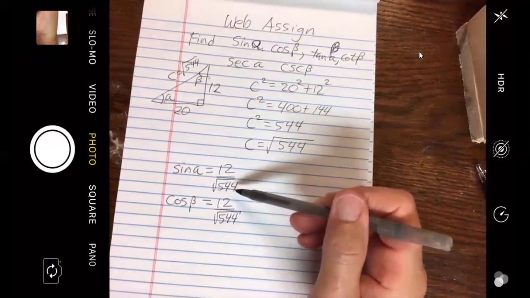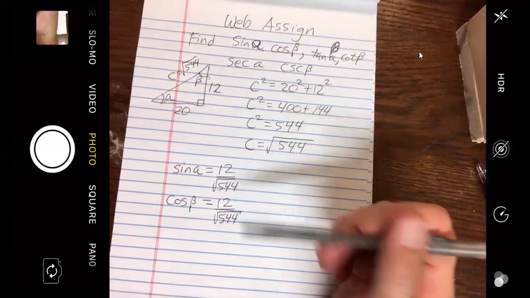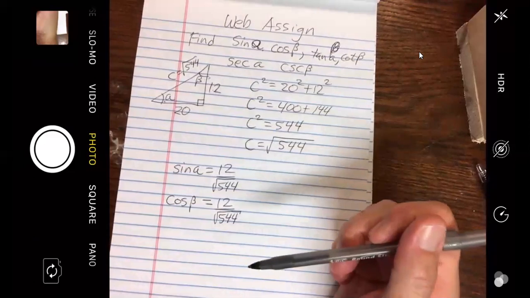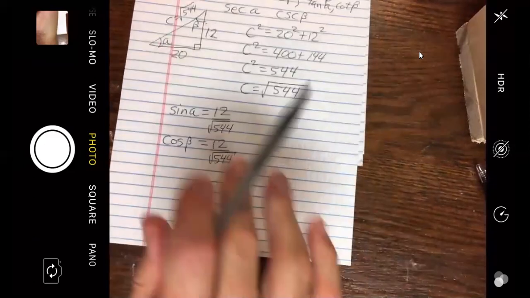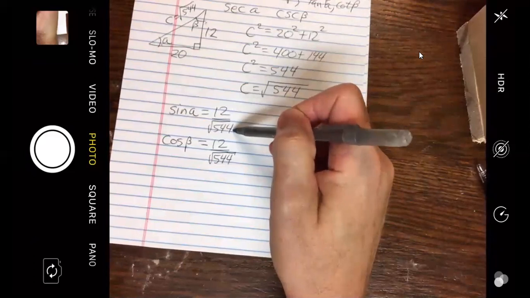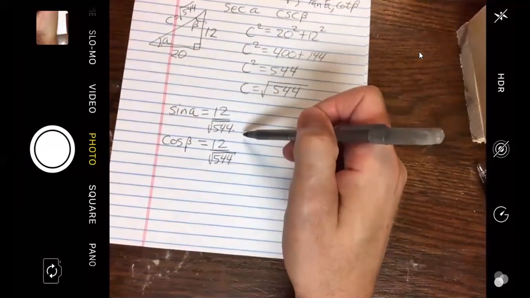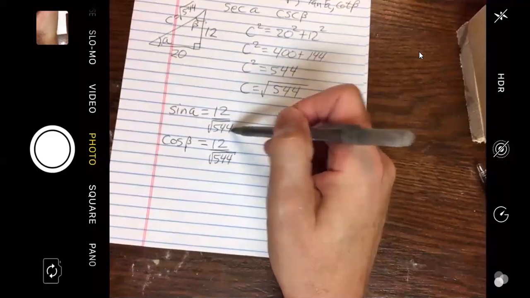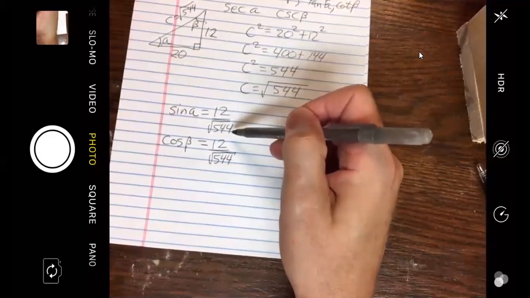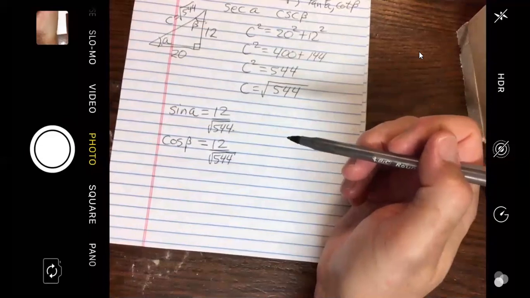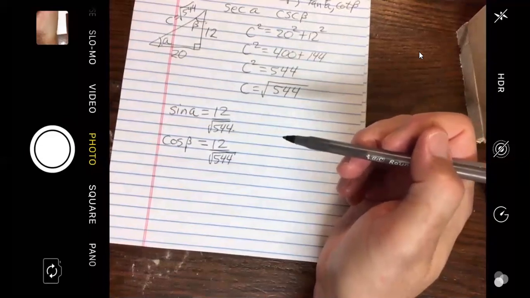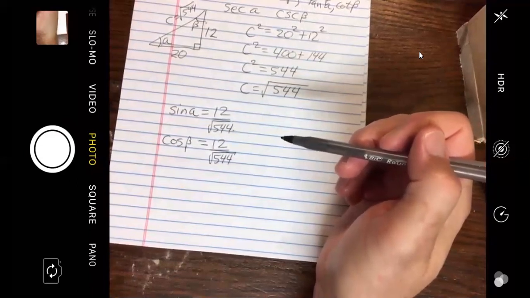Oh yeah, I see that here. Okay, now the only thing is, I don't know if it was programmed to accept the 544 or if they want it rationalized or simplified. I don't think it's asking for that, because it doesn't say anything about decimal points, just like the other questions.